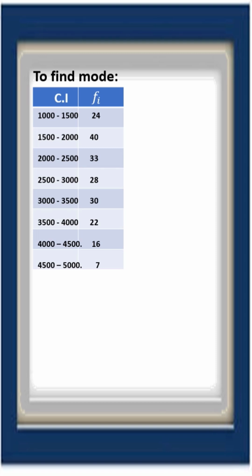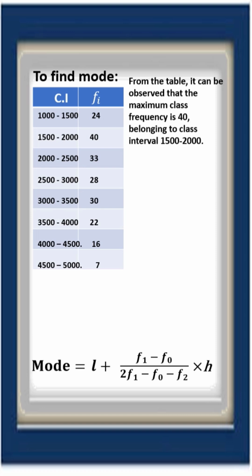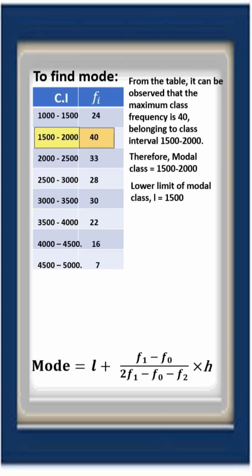The formula for mode is L plus f1 minus f0 upon 2 f1 minus f0 minus f2, into h. From the table it can be observed that the maximum frequency is 40, belonging to the class interval 1500 to 2000. So the modal class is 1500 to 2000. Lower limit of the modal class L is 1500. Frequency of the modal class f1 is 40.